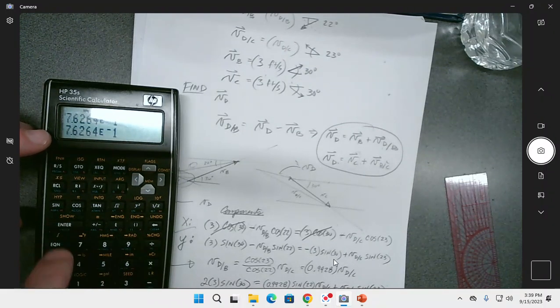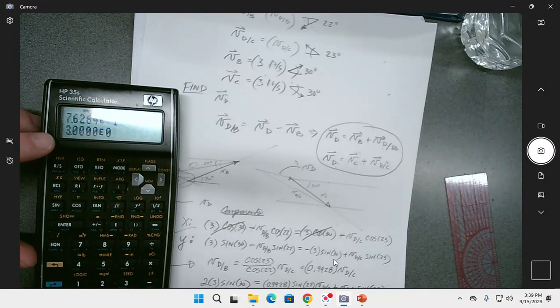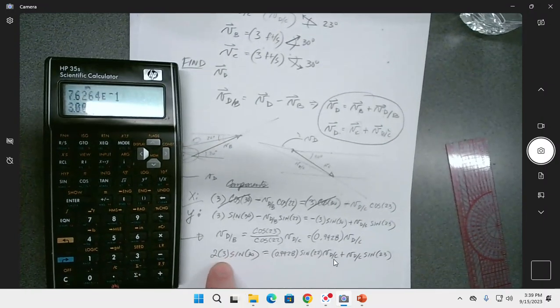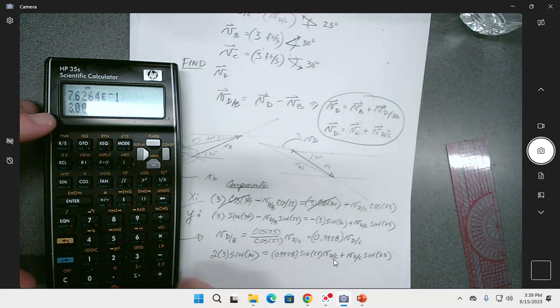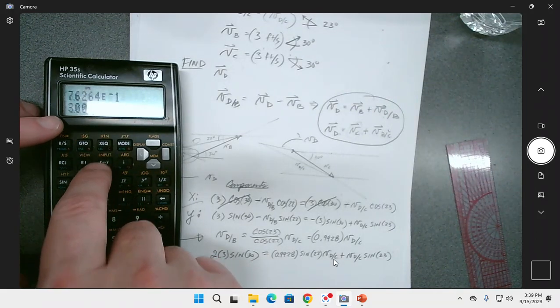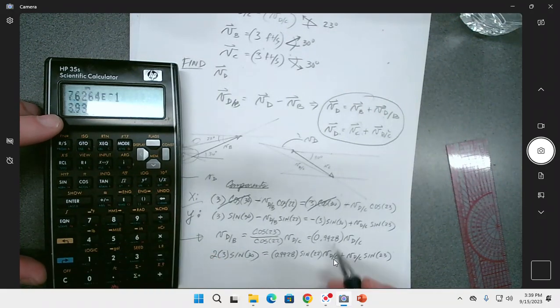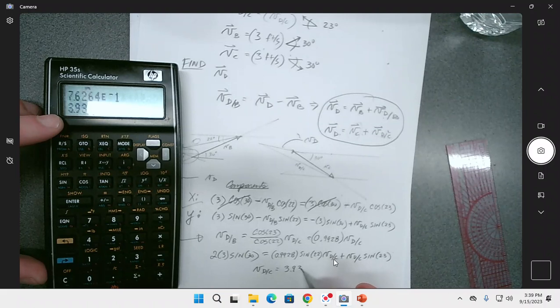Sometimes I'll actually even write that down. There's going to be 6 times sine of 30. Shouldn't that be 3? Yes, 3. So that's 3. What? You can't see what I'm writing. 3. So, reverse those on there. Divide. So I say that VD with respect to C is going to be 3.934.